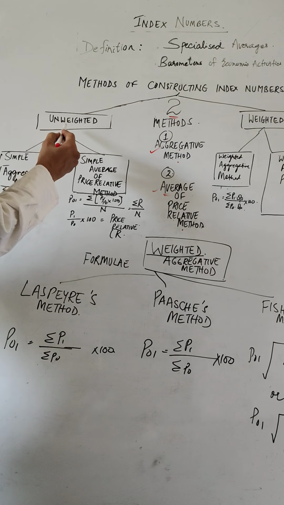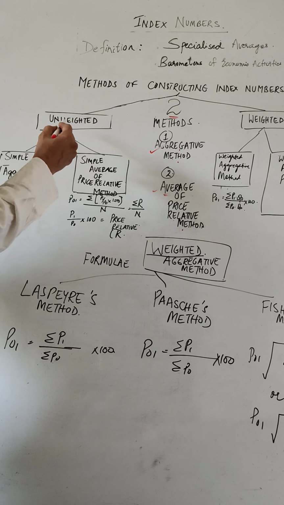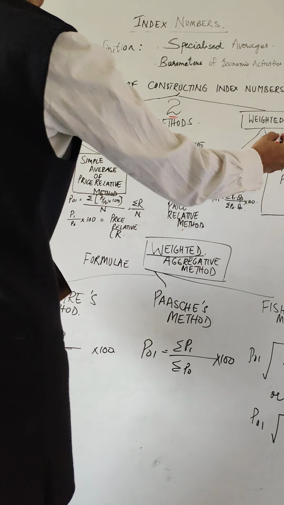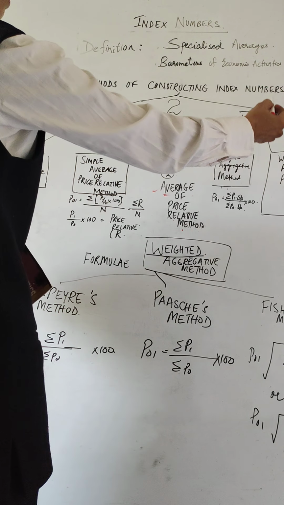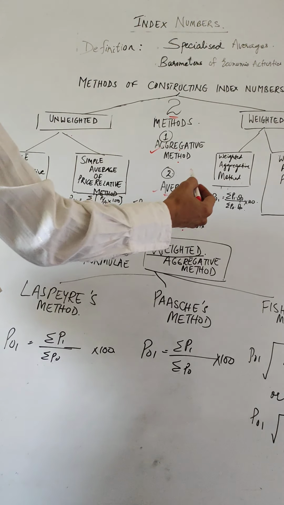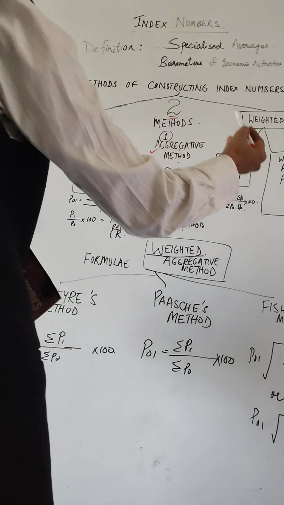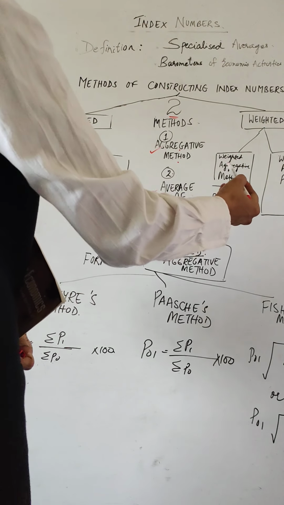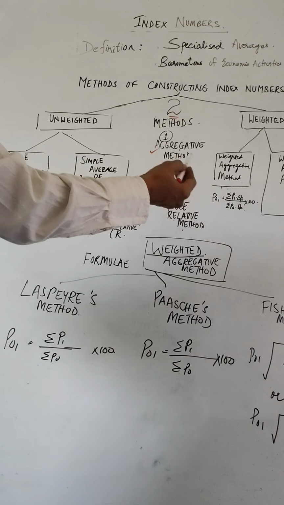When you're trying to find the unweighted index numbers, that means all the commodities that you're studying are of equal importance. And there is something known as weighted index numbers. In weighted index numbers, commodities are listed according to their importance to those type of people.